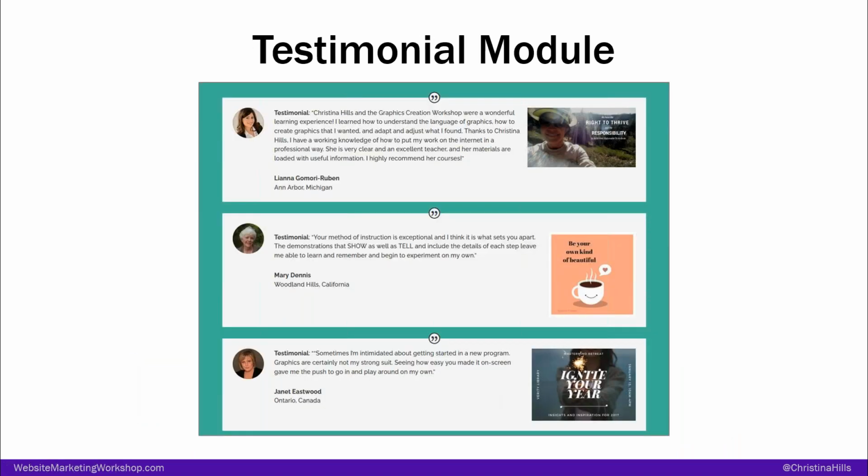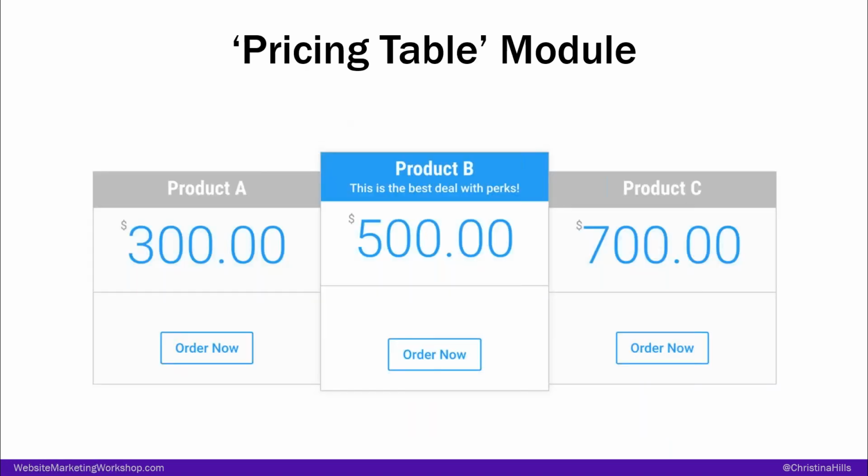Then there's a testimonial module. So what that does is it gives you this nice formatting where you can have an image, a text, a picture of a person, and Divi actually makes it a circle, so you don't have to bother to go make circles. This is called a testimonial module. Then there's a pricing table. I don't know if you know this term, pricing table.